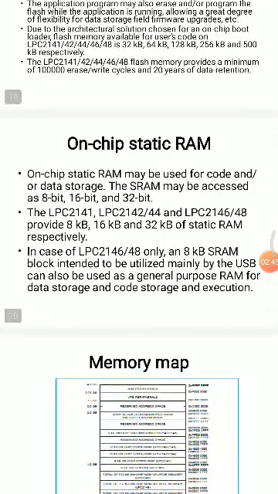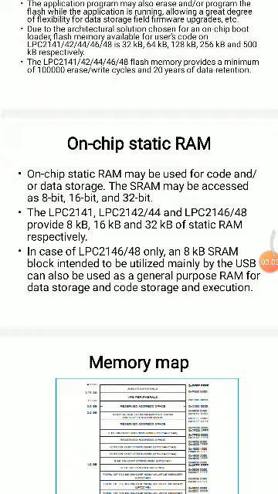The next one is on-chip static RAM. On-chip static RAM may be used for code and data storage. The SRAM may be accessed as 8-bit, 16-bit and 32-bit. The LPC 2141, 2142, 2144, 2146 and 2148 provide 8 KB, 16 KB and 32 KB of static RAM.